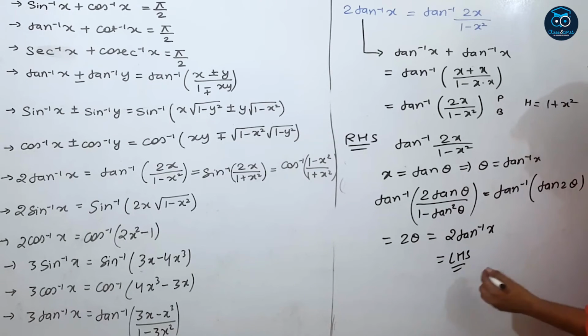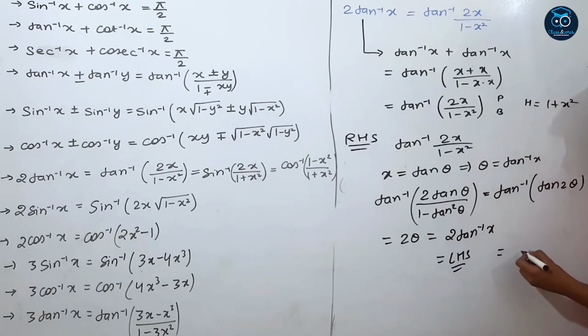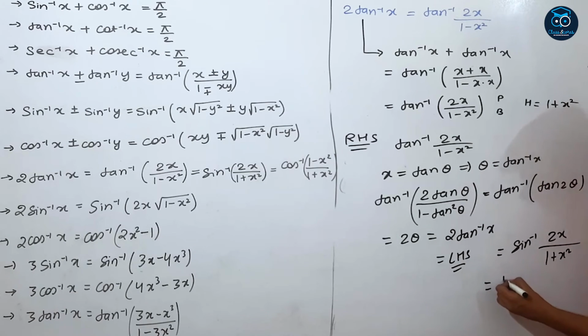Now you can write this in terms of sine, that is perpendicular 2x upon hypotenuse 1 plus x square. In terms of cos, base 1 minus x square, hypotenuse 1 plus x square, that is cos inverse. Clear? Now pause the video to note it down.